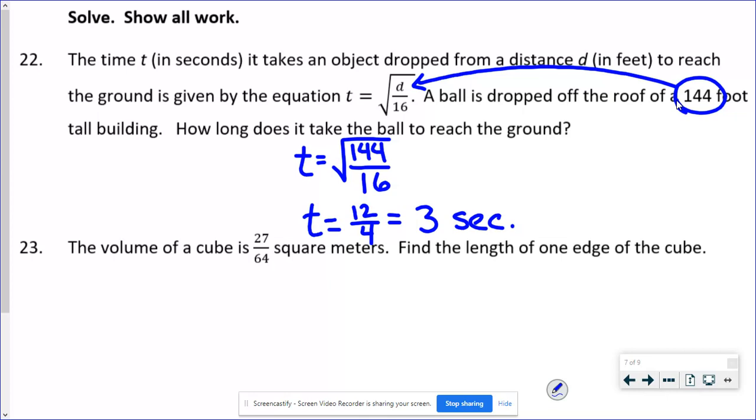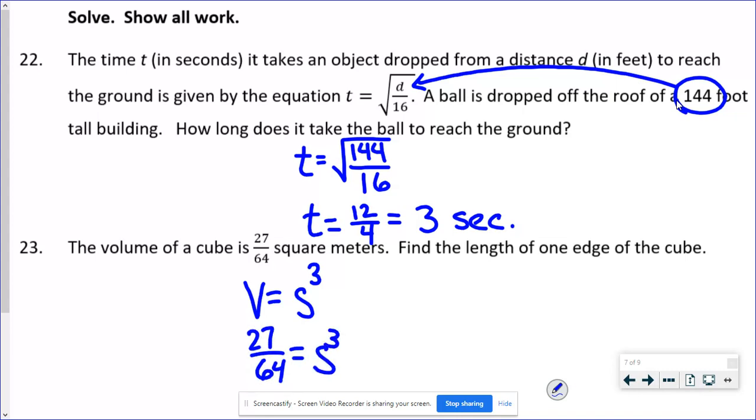For number 23, the volume of a cube is 27 over 64 square meters, 27/64. Find the length of one edge of the cube. So this is saying that the side length cubed is equal to the volume. And the volume is 27 over 64.